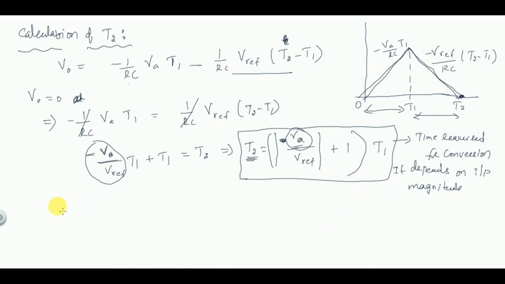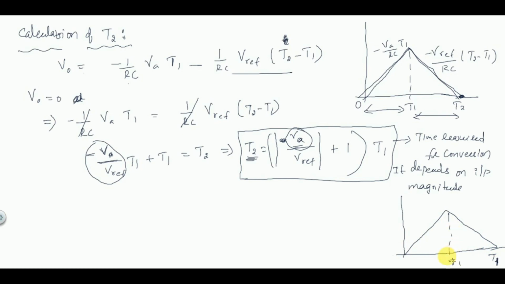So what is the maximum conversion time? When will the conversion time be maximum? When the charging of the capacitor is equal to the discharging of the capacitor, then we can have maximum conversion time. That means T2 is also equal to T1.